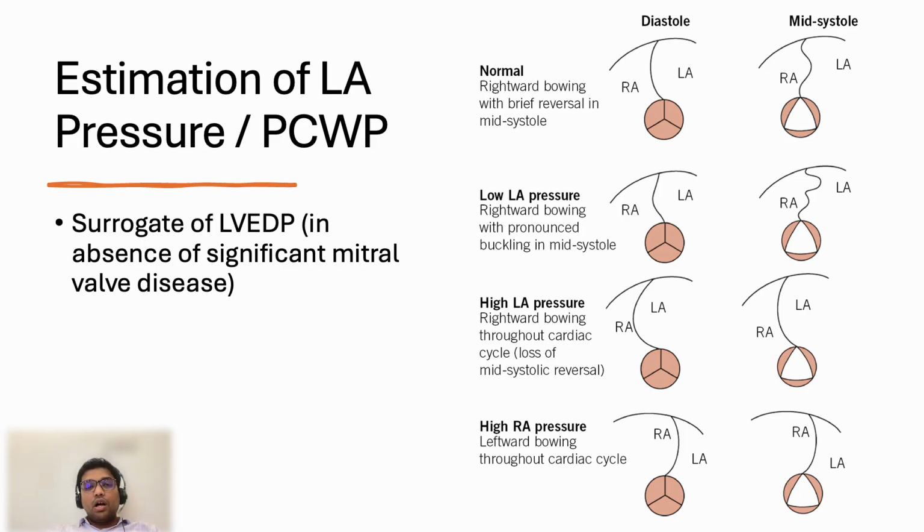If it is towards the RA, both in systole and diastole, that is indicative of high LA pressure. If it is towards the LA, both in systole and diastole, that indicates high RA pressure. Whereas in the normal case, in mid systole there is a brief reversal towards the LA, and in diastole it is grossly deviated towards the right atrium.